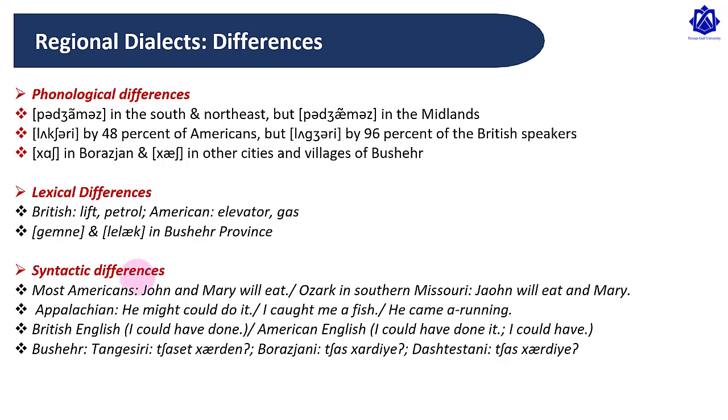In Bushehr province, there is a food that is made up of grains of wheat, and it's broken. Some people call it gemne, and in some dialects, it is called lelak. So that's a case of lexical difference.